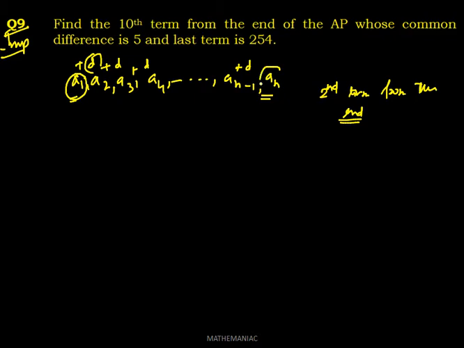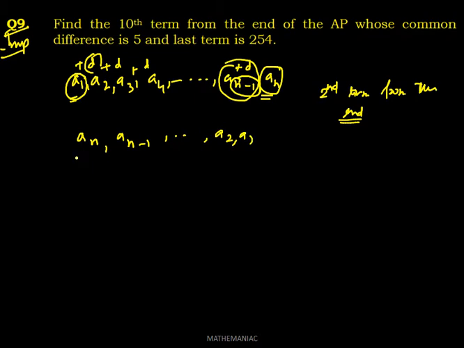So that means if you count this, this is the first term from the end, this is the second term from the end. That means they are asking you to find AN minus 1. Now you might face a problem to identify this particular suffix if you try to think it like this. So what we do to make it easier, we write the whole AP in the reverse order, right?